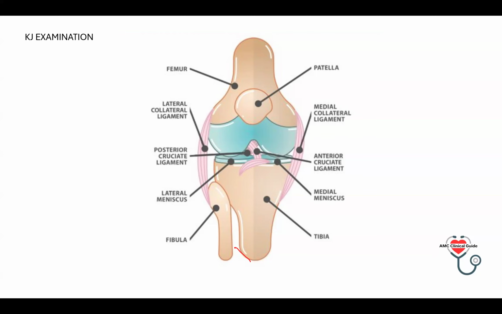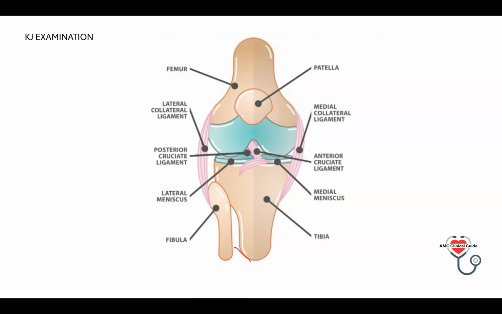When you take the knee joint, there are two major bones, femur and tibia, and then there's the patella, and the joint line. Inside the joint there's a meniscus, medial and lateral meniscus, and there are ligaments: anterior cruciate ligament, posterior cruciate ligament, and medial and lateral collateral ligaments.